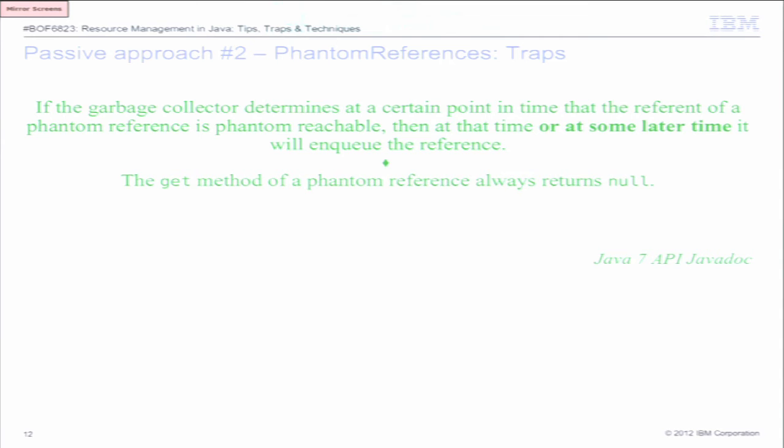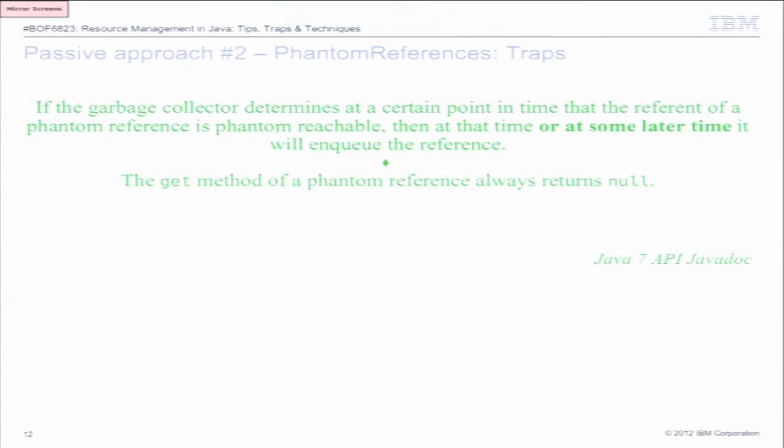But it's very purposeful that phantom references always return null from the get method. The whole point is that this is there in order to prevent you from accessing otherwise stale resources which are in the object.